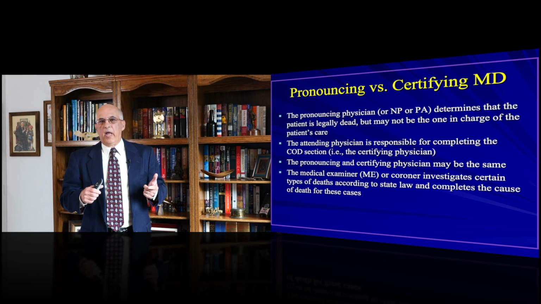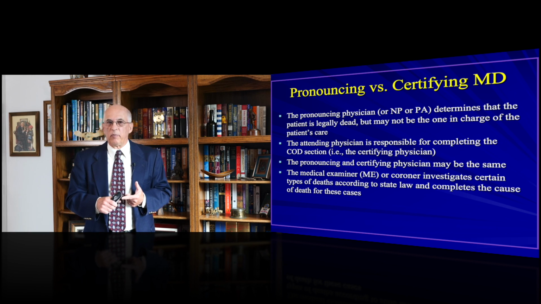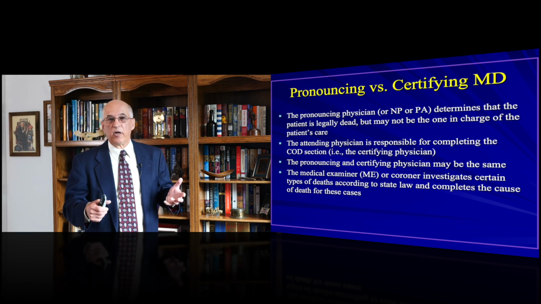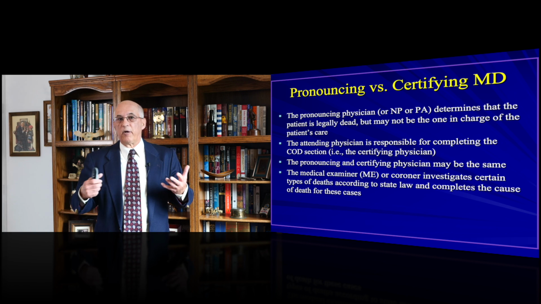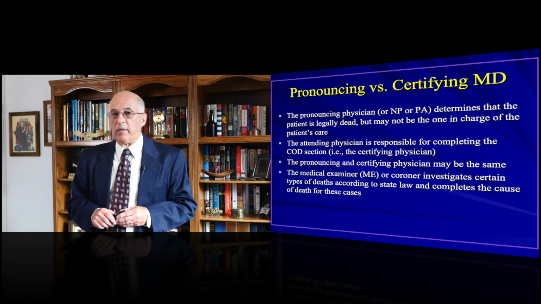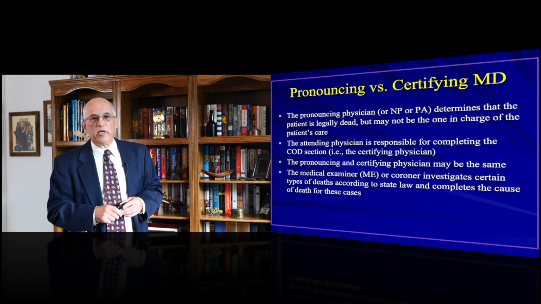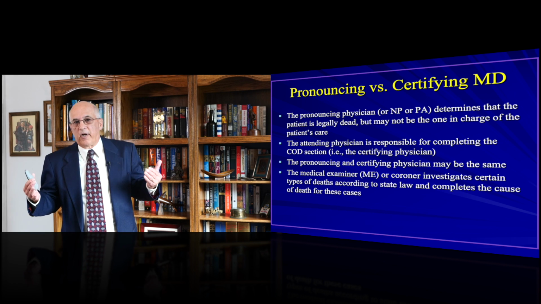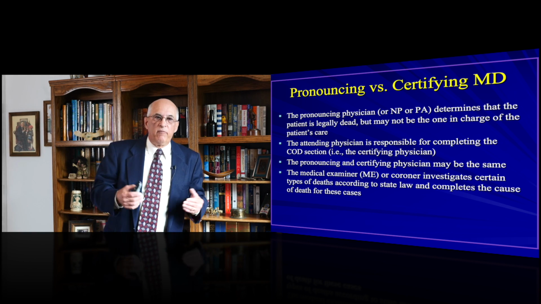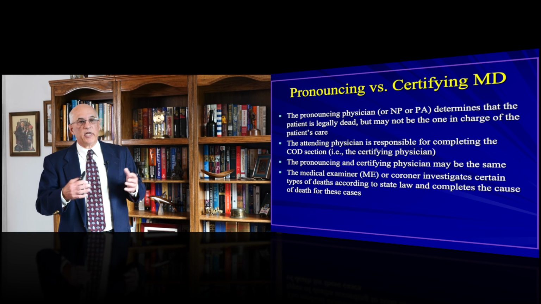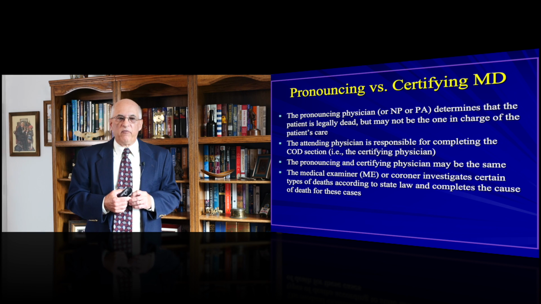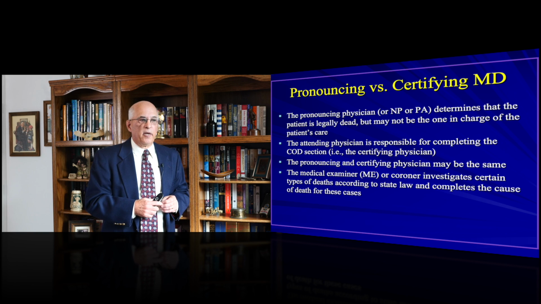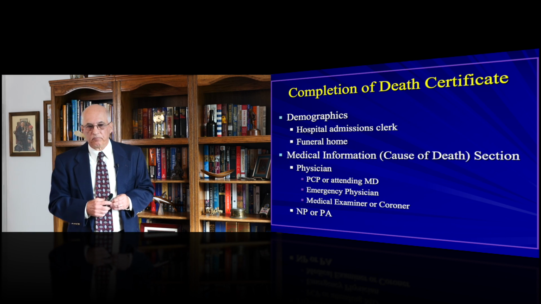But if there's any sign of foul play, if you have any concern about homicide or suicide, if there's any concern about abuse, such as child abuse, spousal abuse, elderly abuse, if it's an accident, trauma, or if it's a young person with an unexpected death, let's say it's a 45-year-old who suddenly collapses and has a heart attack but has no history of heart disease, even in that case, the medical examiner will accept. And of course, any death in a child, they will accept. But the vast majority of cases, at least in the emergency department, do not meet those criteria and are not accepted by the medical examiner.